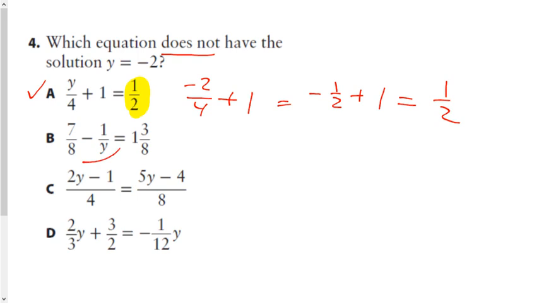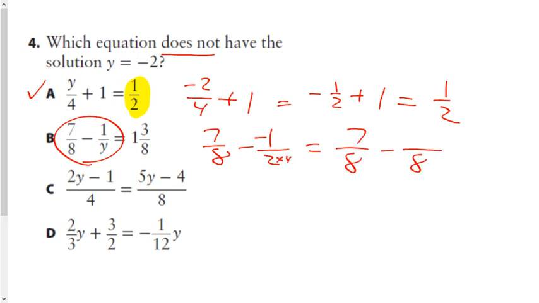In B, take this expression, 7 over 8 minus 1, and then the y we're going to substitute for negative 2. We're going to get a common denominator. Now notice how the negative sign is in my denominator. It's okay to switch it right away. That's still a negative half. Common denominator will be 8.